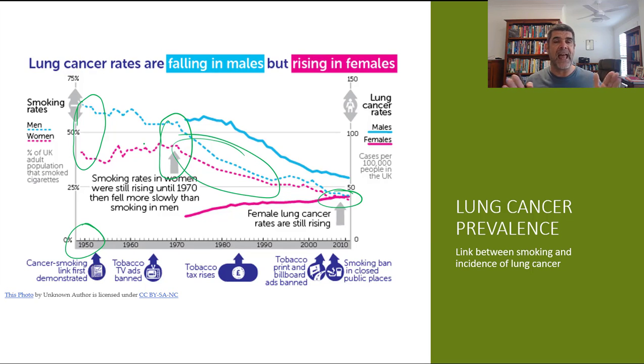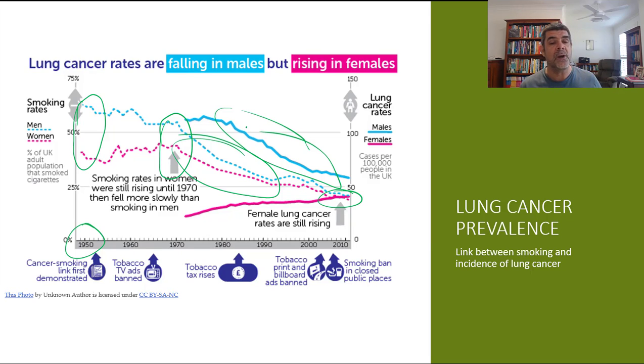So we do get a little bit of a lag between the behaviour and the consequence of the behaviour. But you can see a definite drop in the number of males developing lung cancer, quite significant, cutting the numbers down by about half.